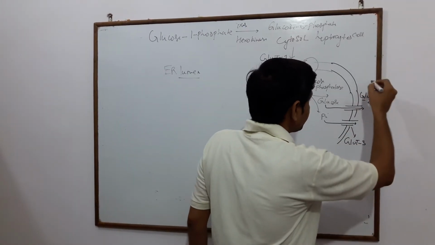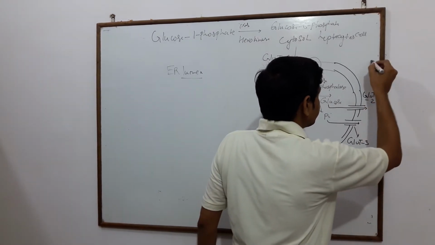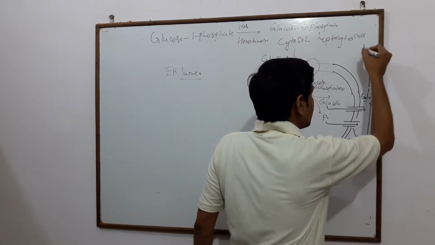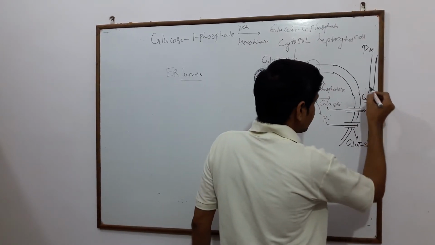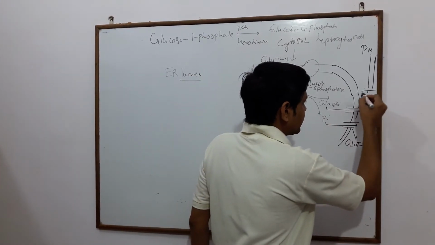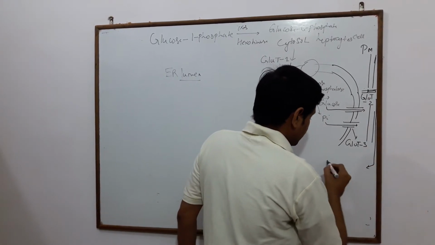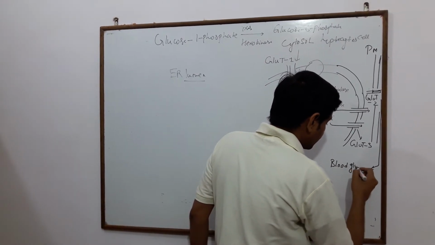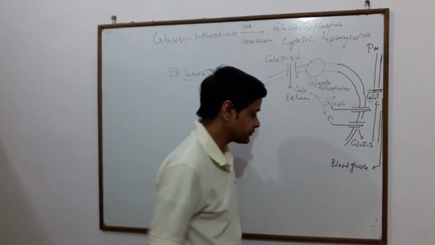When this glucose comes out of the ER membrane, it passes to the plasma membrane of the hepatocyte cell, which again has the same GLUT2 transporter protein, specific for glucose only, and it passes this glucose into the blood, which is called blood glucose. It maintains the glucose concentration in blood.